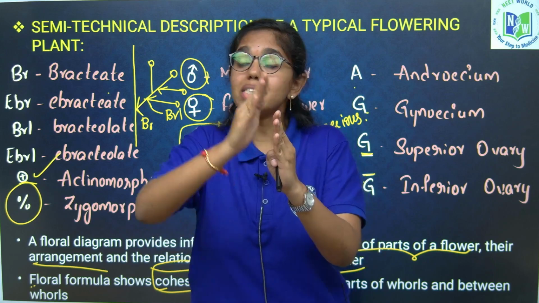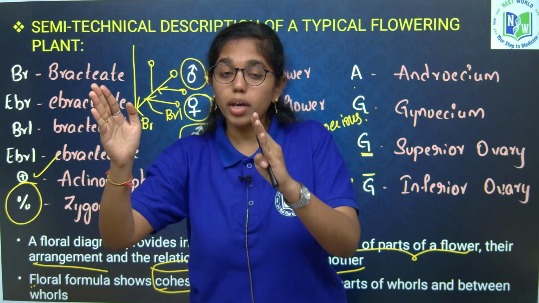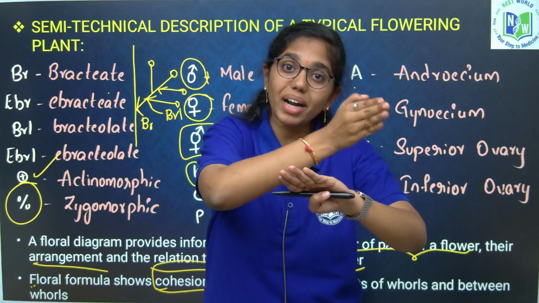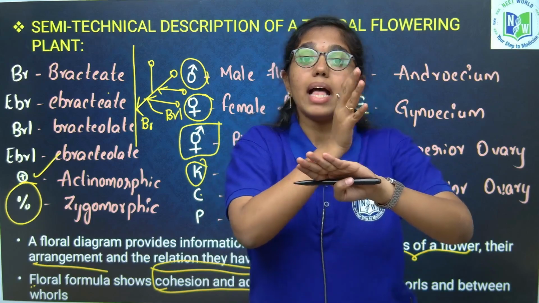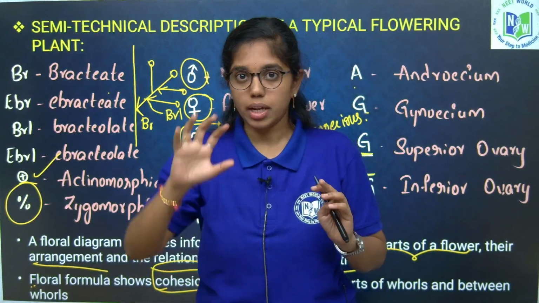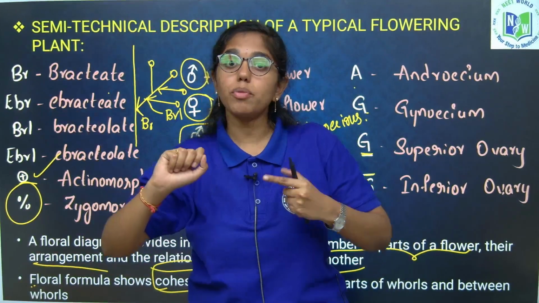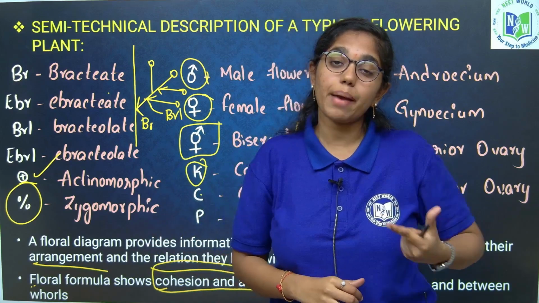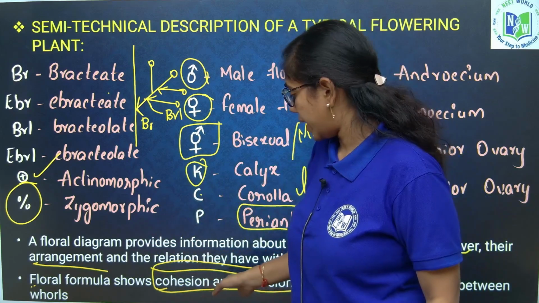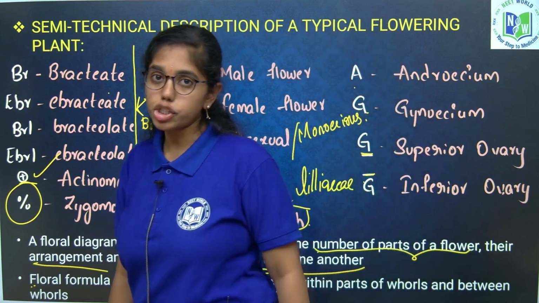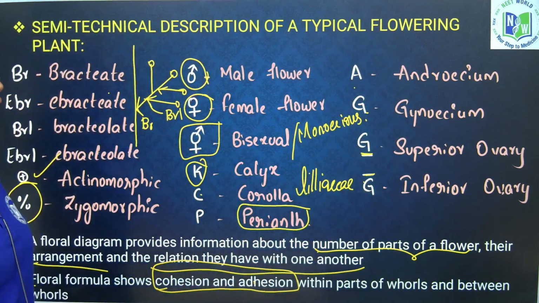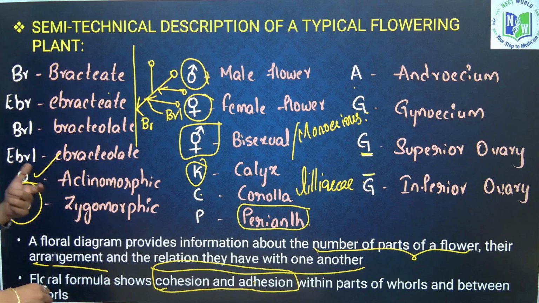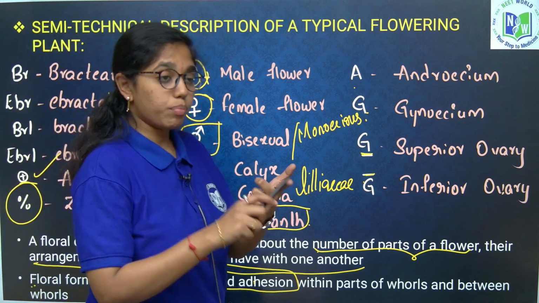If the androecium is connected to the gynoecium, or to the petals or corolla, it is called adhesion. Androecium connecting to gynoecium is called syngenesious, and androecium connecting to petals is called epipetalous condition, that is adhesion. Cohesion and adhesion both can be observed in the floral formula and floral diagram. Now without much delay, let's get started observing the floral diagrams.